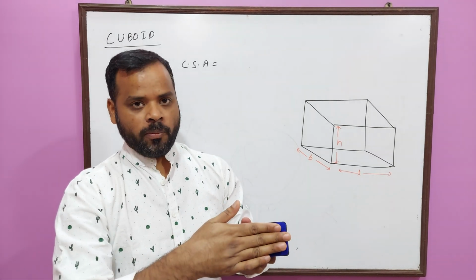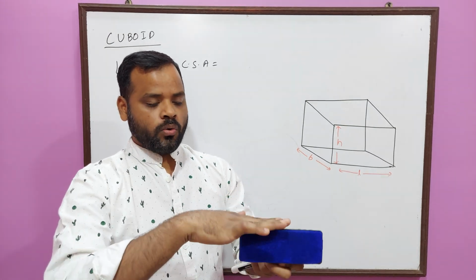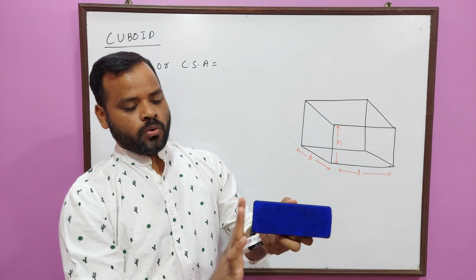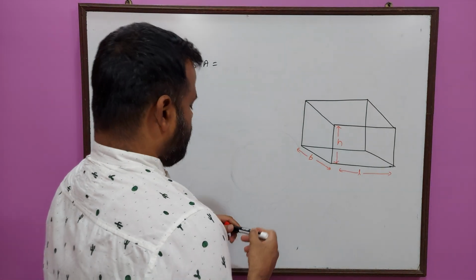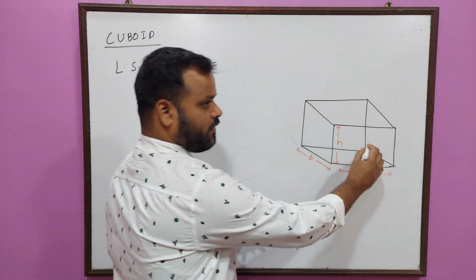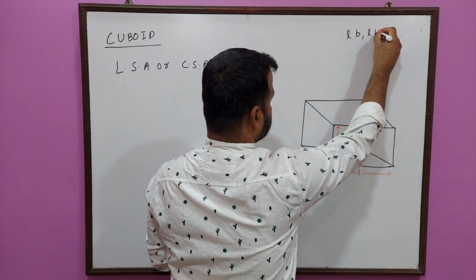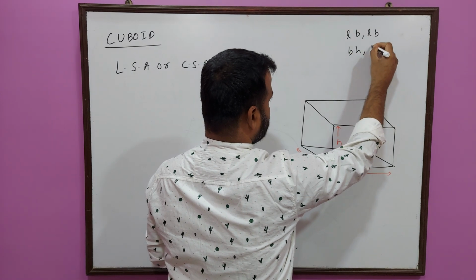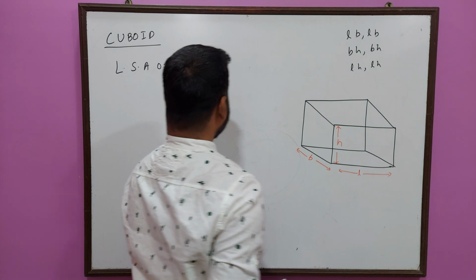So we have 2 times LB, 2 times LH and 2 times BH. It has 6 faces.